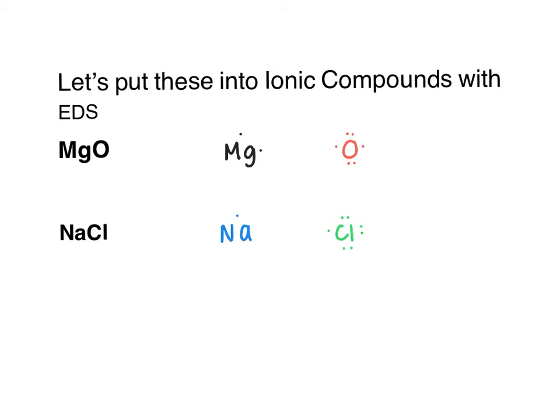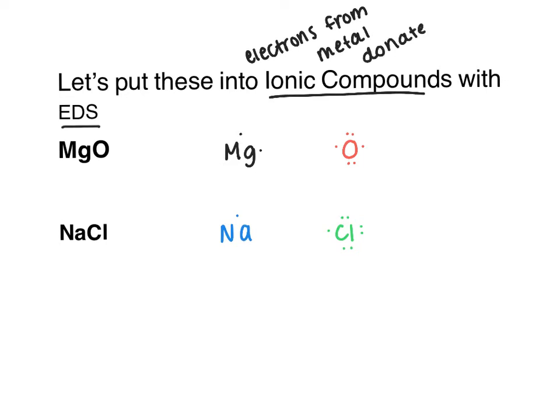Now remember, when I'm dealing with my electron dot structure and ionic compounds, I'm going to see the electrons from my cation, or remember my metal, donate or give to my anion or my nonmetal. Because recall, my metal is always positive and my nonmetal is my negative.